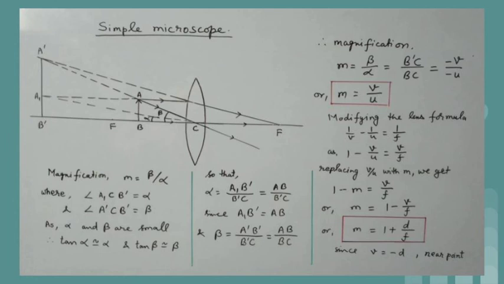Now modifying the lens formula, 1 by v minus 1 by u is equal to 1 by f, as 1 minus v by u is equal to v by f, and replacing v by u with m, we get 1 minus m is equal to v by f, or m is equal to 1 minus v by f, or m is equal to 1 plus d by f, since v is equal to minus d, the least distance of distinct vision. The relation shows that the magnification is large if the focal length of the lens is small.